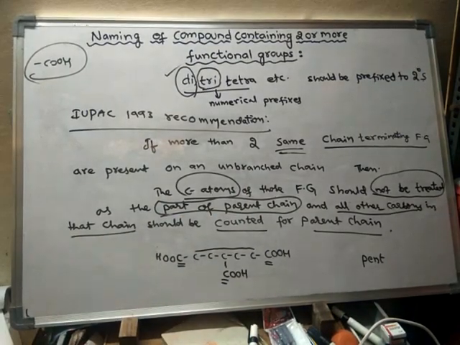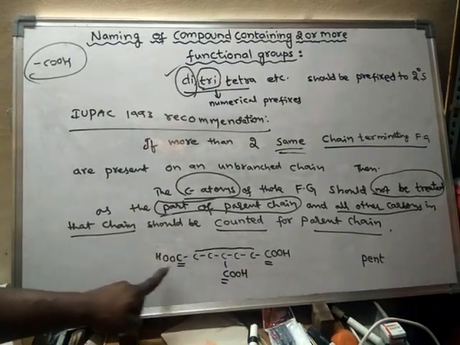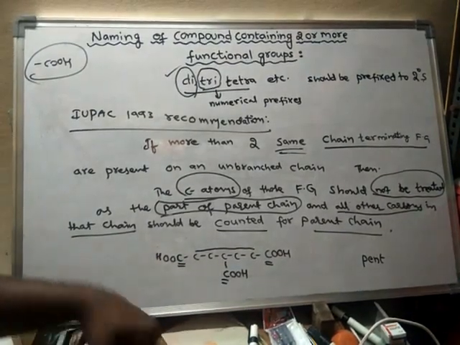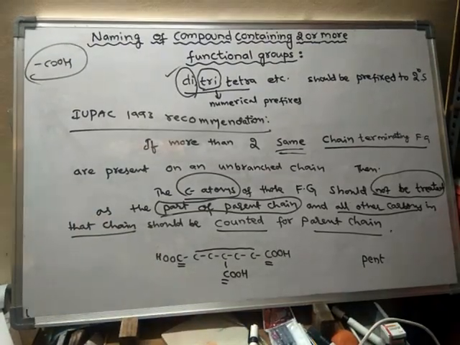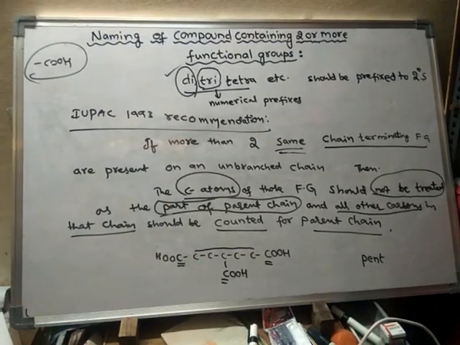We should not add these carbons, because these three are chain terminating functional groups. If more than 2 chain terminating functional groups are there, then we should not count these carbons for the parent chain.